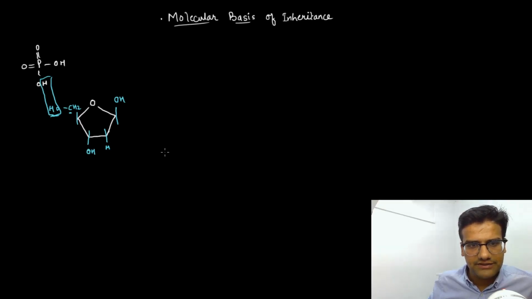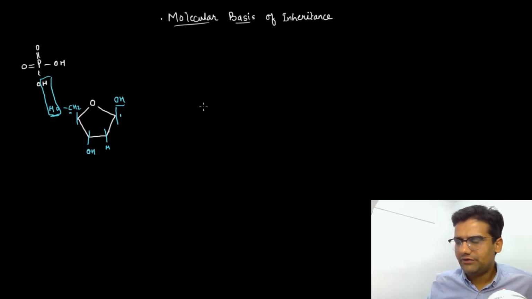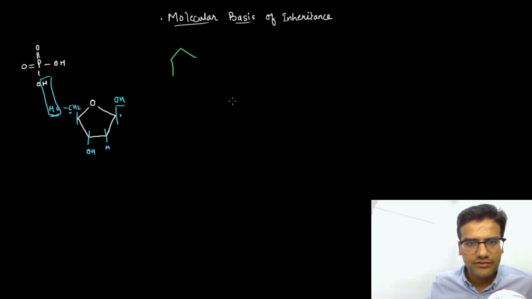On the first carbon, C1, there is a hydroxyl group. And this hydroxyl group reacts with the nitrogen group of either a purine or a pyrimidine. Let us say this is the double member ring structure. Double member ring structure means it is a purine. This double member ring structure contains nitrogen at 1, 3, 7 and 9 positions.